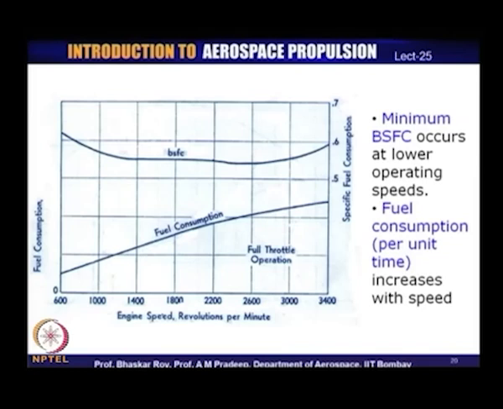We have also seen that the higher the engine speed, the higher the power production. So, there is always a balancing act that the operator has to find between high power creation, which obviously has high fuel consumption. On the other hand, the BSFC also starts going up.